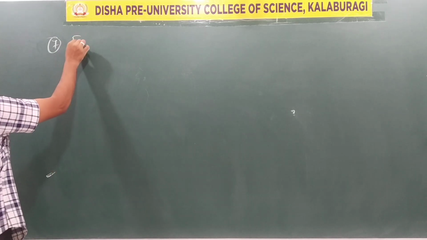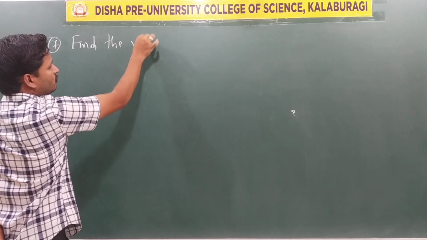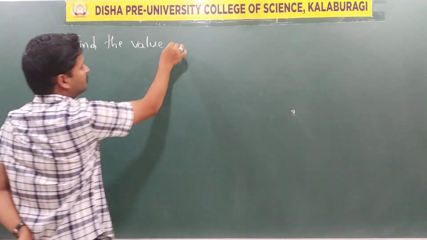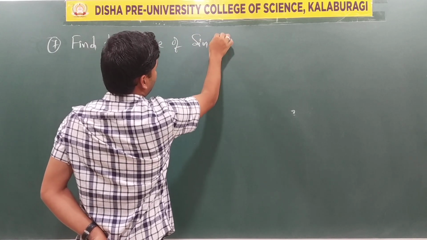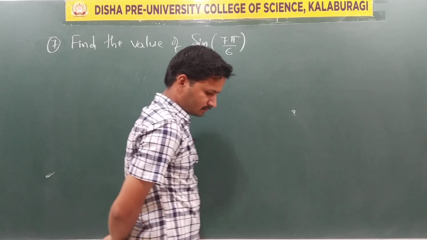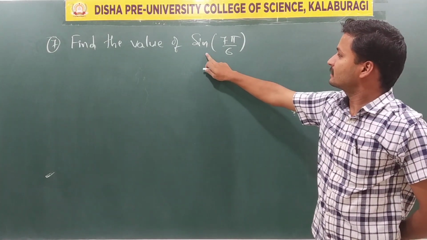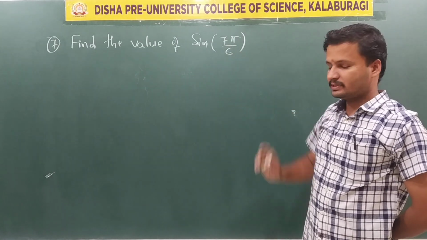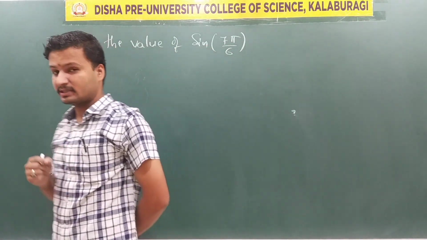Find the value of sine of 7 pi divided by 6. Yes, how to evaluate? Here angle is given in radian. Okay, this is not a standard angle.